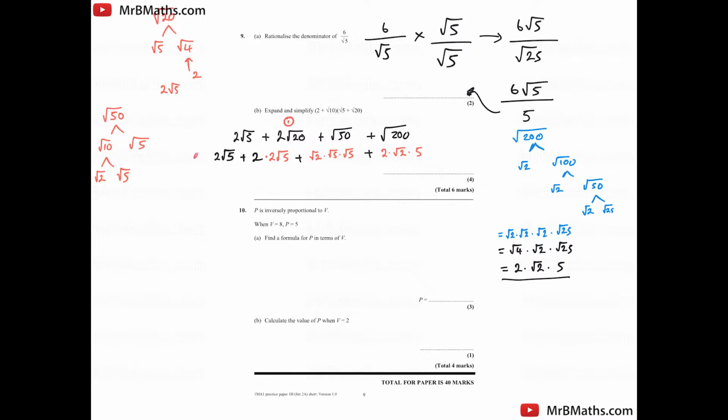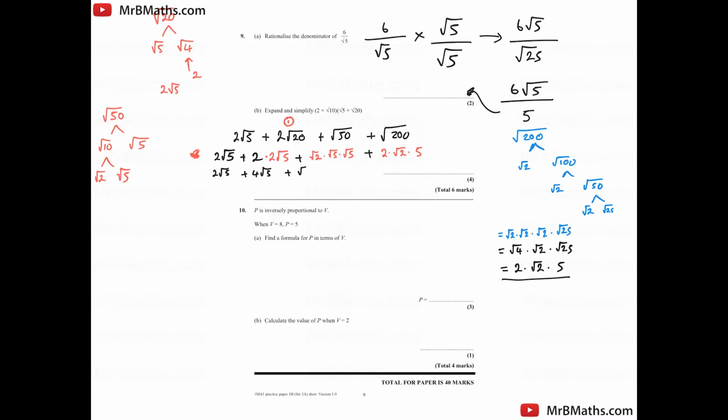Now if I have a look at this, I need to see if I can simplify now. So I've got 2 root 5, so let me keep it as that, plus 2 times 2 root 5, so I'll then do 4 root 5 plus, I've then got root 2 times root 5 times root 5.